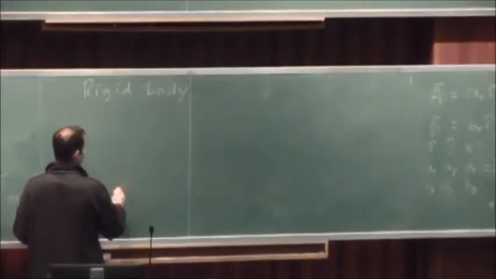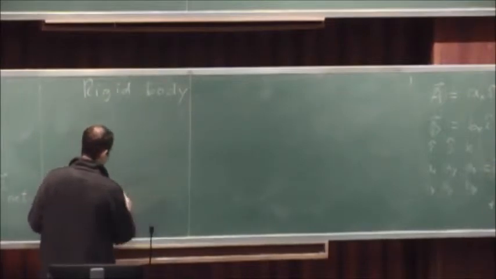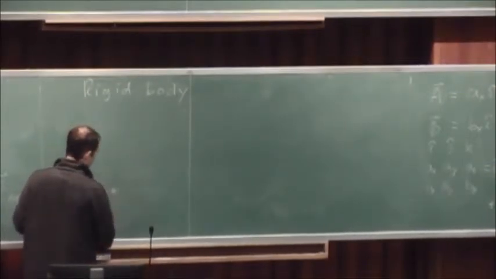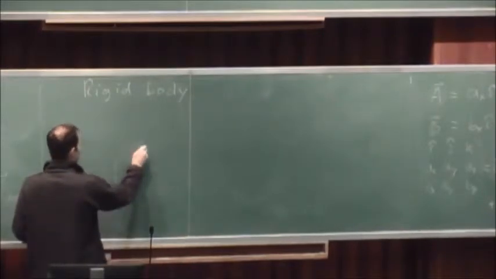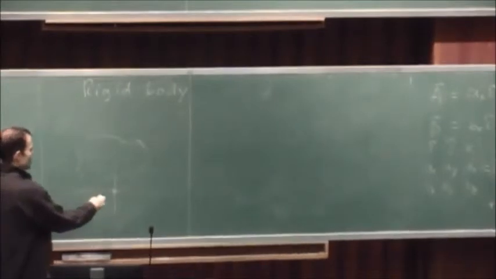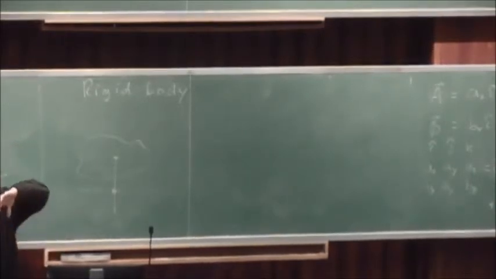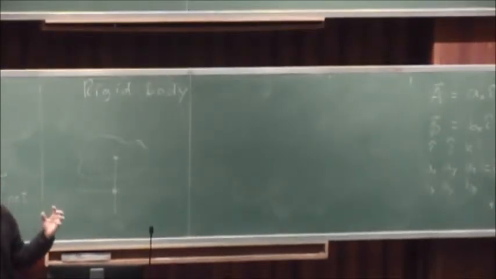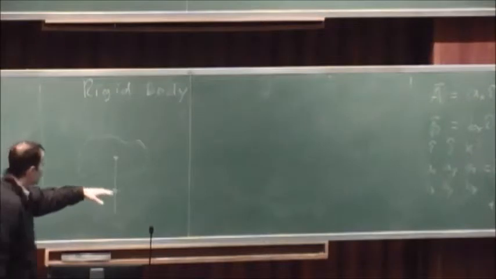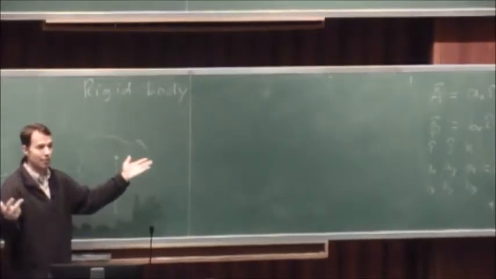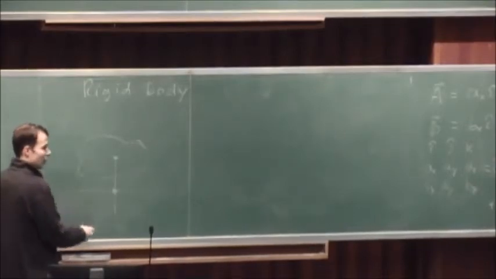Right? So for example, suppose I have an object, and here's my origin. I'm going to try and draw this in 3 dimensions. I have something out here, and I'm going to rotate it about some axis. Because I can rotate it about any axis, I can just move my coordinate system until the axis aligns with the z-axis, just for simplicity.